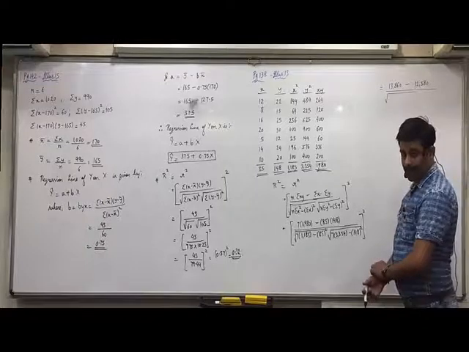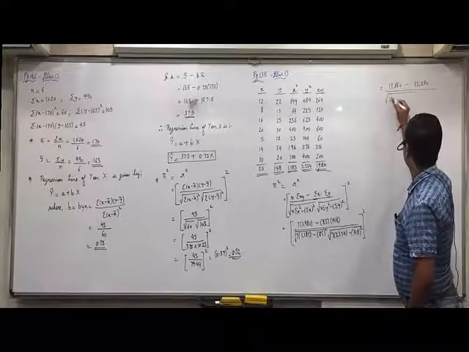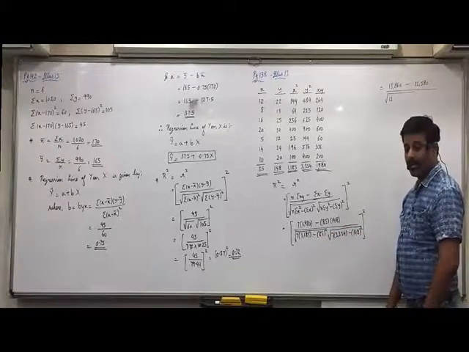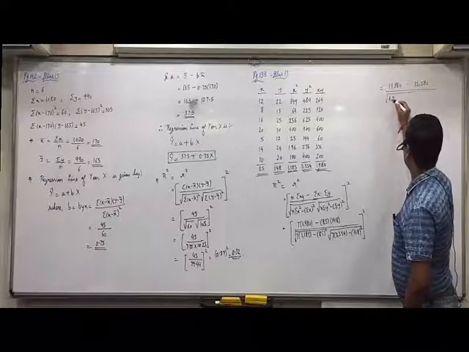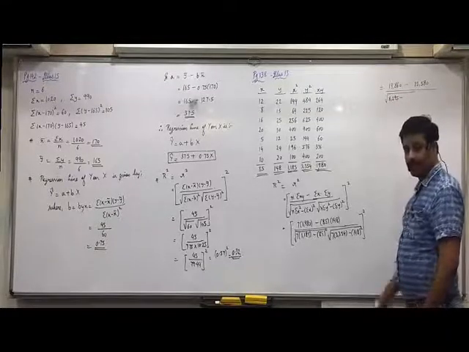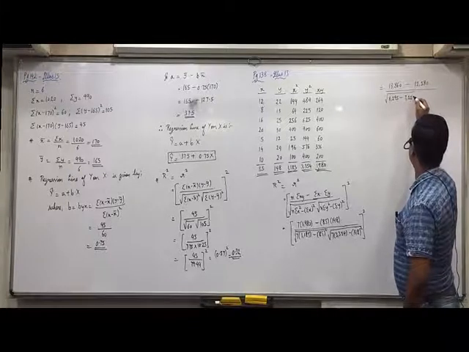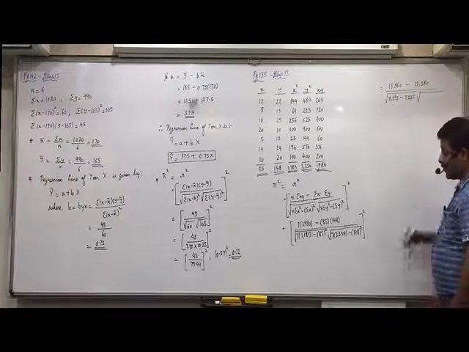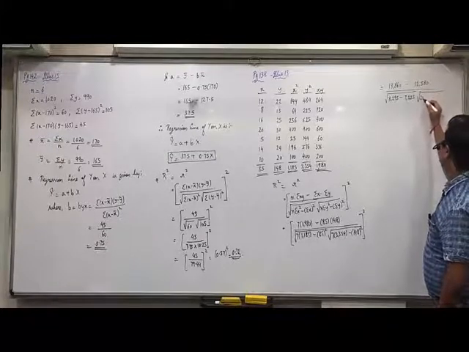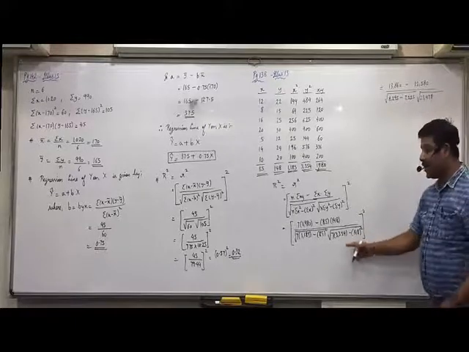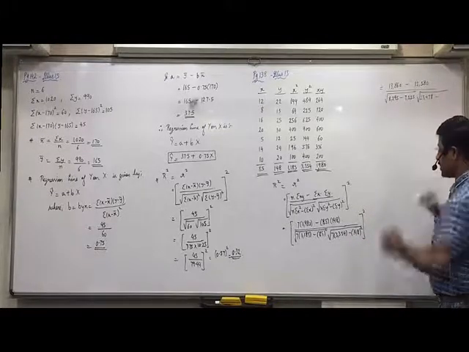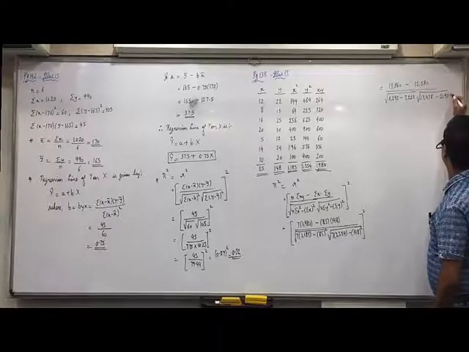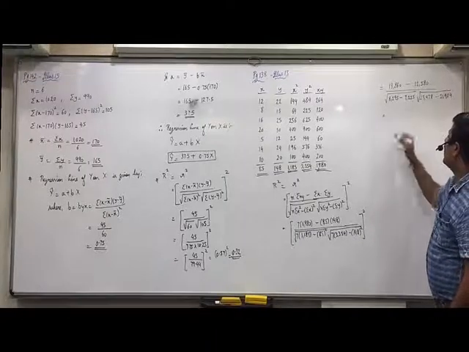Upon square root of 7 into 1185, 8295, minus 85 square, 7225. And 7 into 3354, 23478, minus 148 square, 21904.